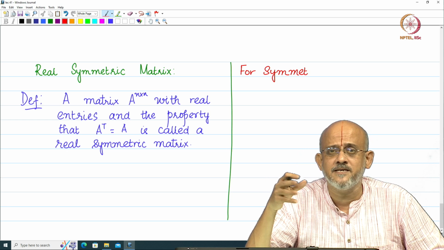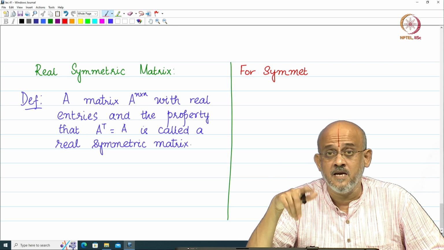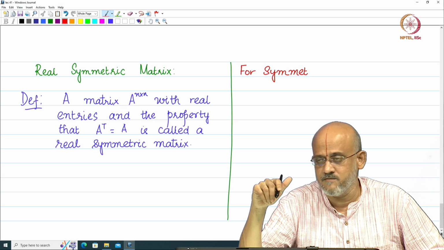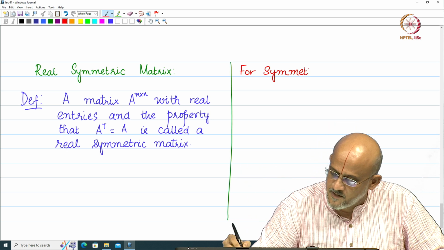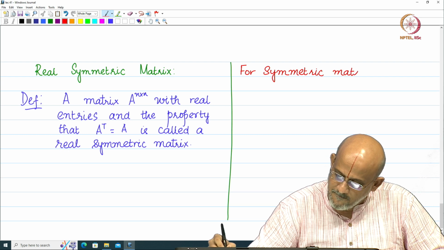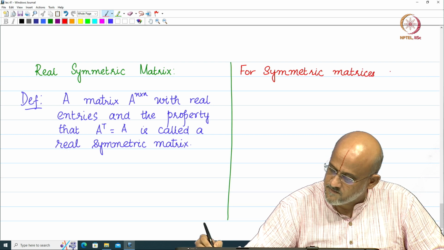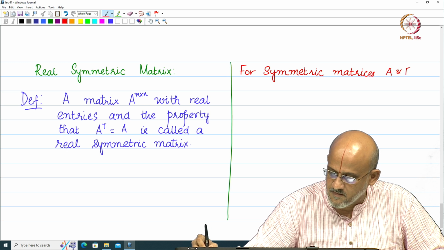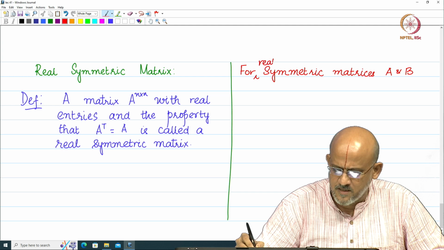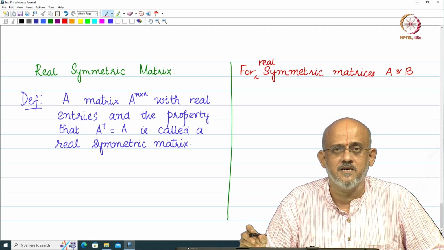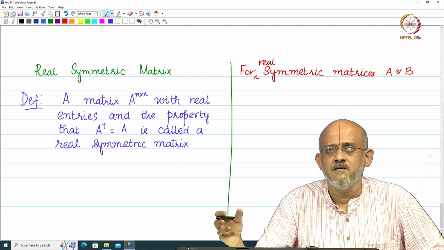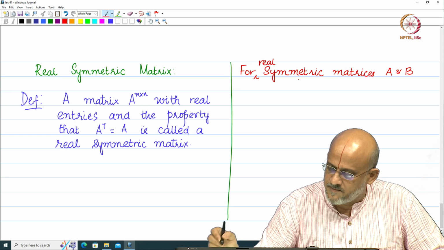All these are symmetric matrices, and in fact the first matrix that we started working with, 2 1 1 2, was also a real symmetric matrix if you had paid attention to it. Let me make it for real symmetric matrices. I am going to just talk about real symmetric matrices. The moment I say symmetric matrix, we will assume that the values are also real. So we look at the real symmetric matrices A and B.